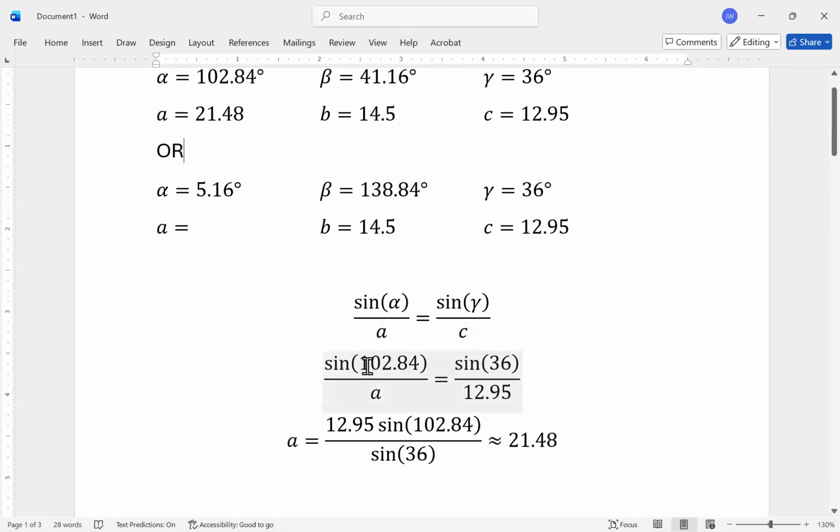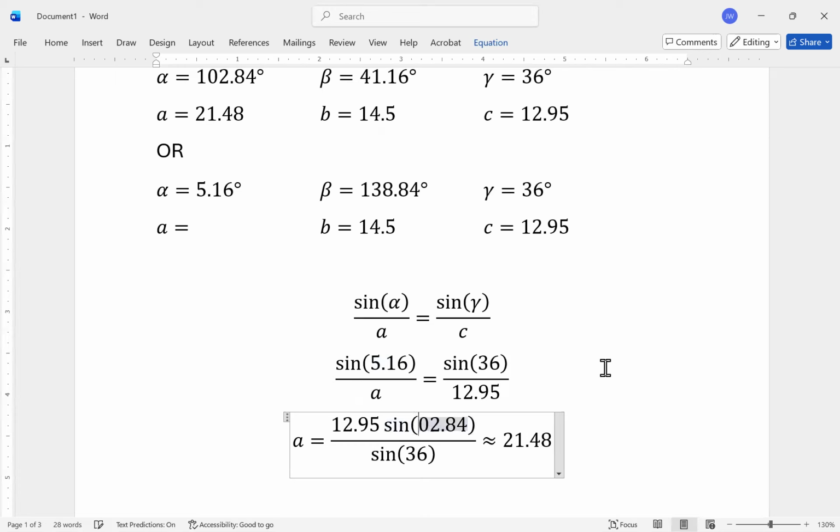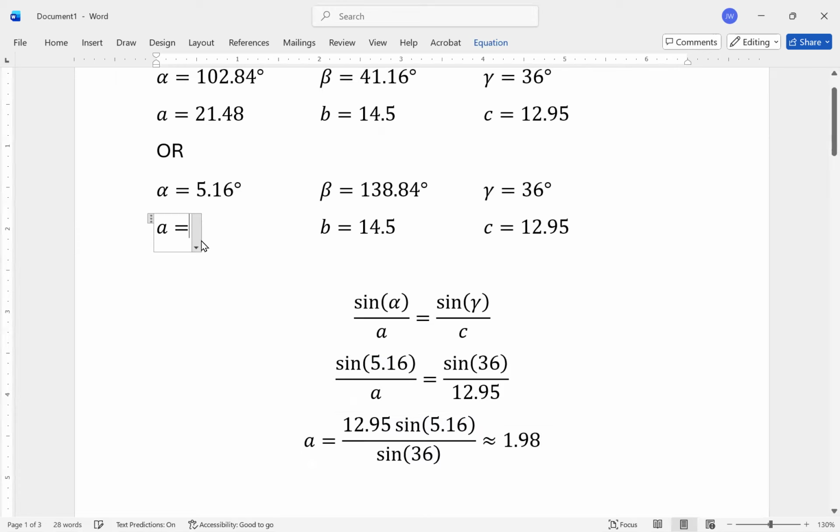We do the exact same calculations in the second triangle case, but instead of having 102.84, we'd have 5.16 as my alpha. So we do the exact same calculation, exact same technique, but with a different angle alpha. And if I do that, then I get an approximate value of 1.98 for A.